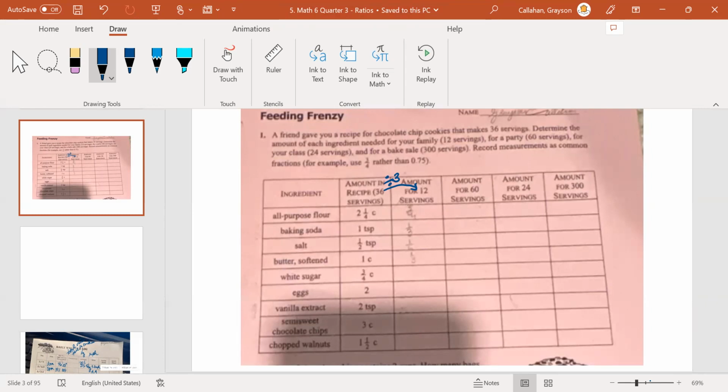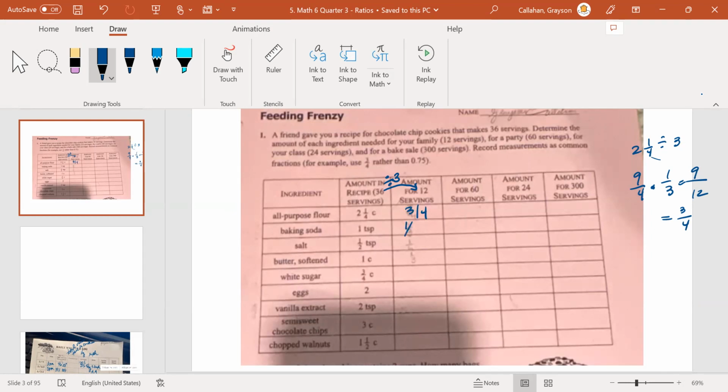So everything here, you're going to divide by 3. 2 1/4 divided by 3 is the same as 9/4 times 1/3, which is 9/12, divided by 3 top and bottom, 3/4. So 3/4 is correct.